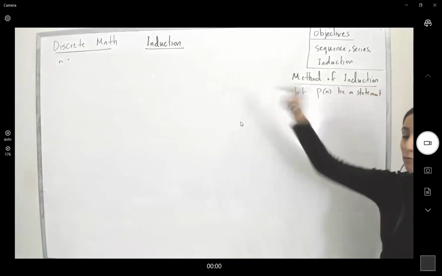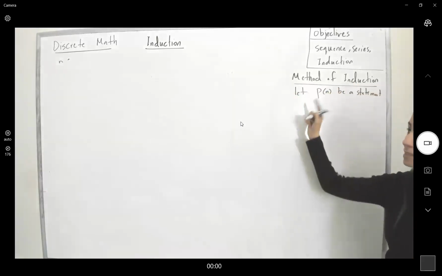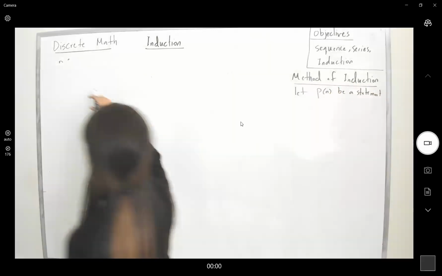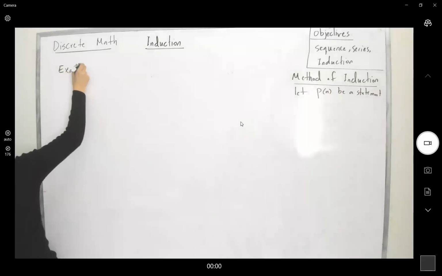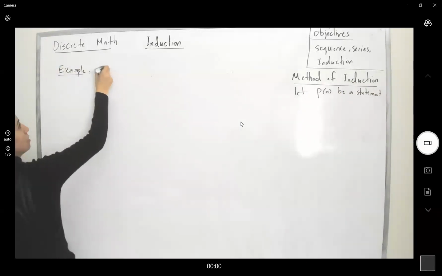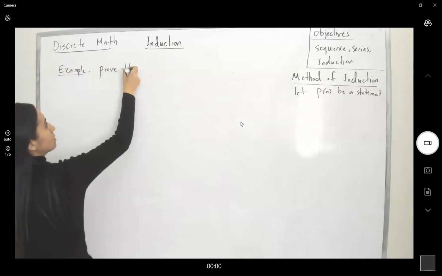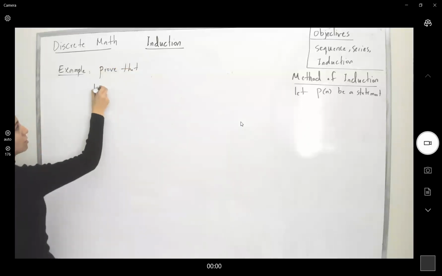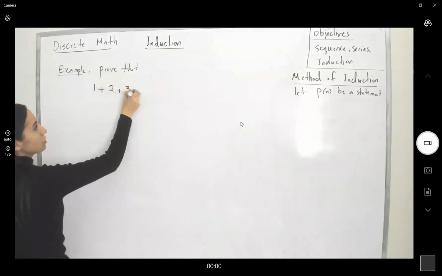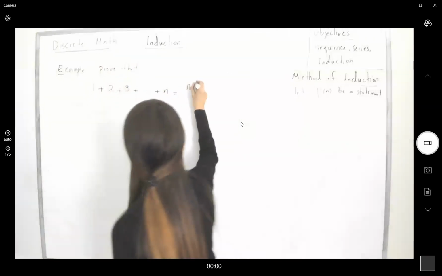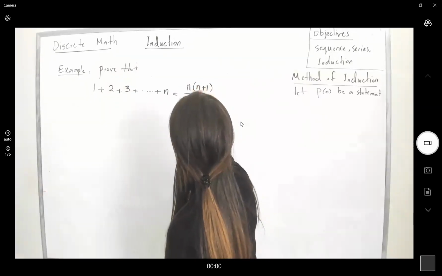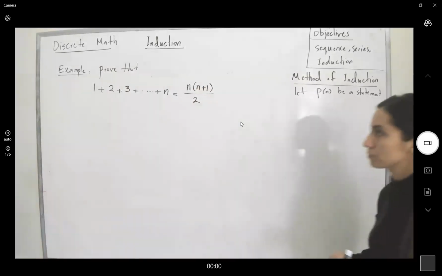I'm going to write down one example here at the same time that I'm writing this method for you. Example: prove that 1 plus 2 plus 3 plus dot dot dot plus n is equal to n times n plus 1 divided by 2.